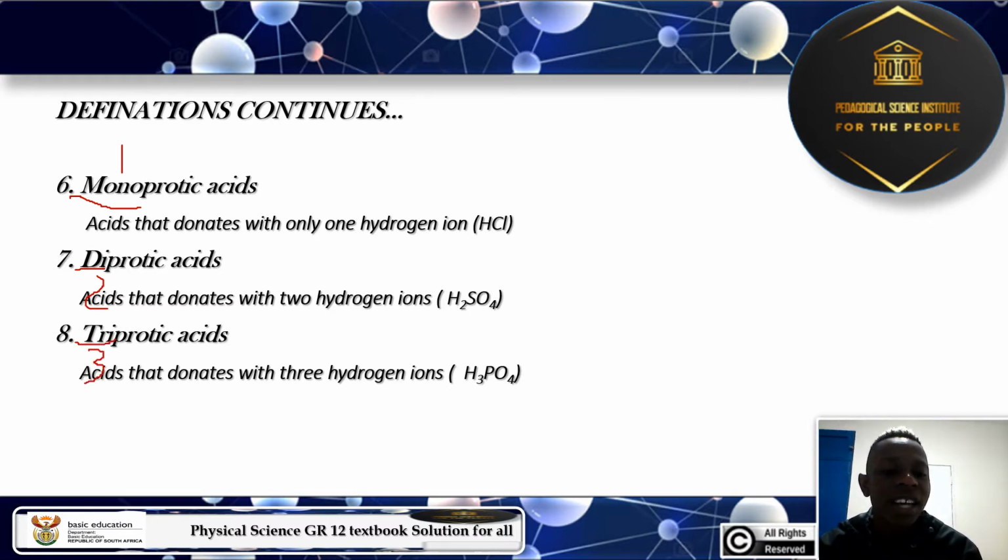So triprotic acids can donate 3 hydrogen ions. For example, H3PO4. As you can see, those H are 3, 2, 1. So you need to master that.